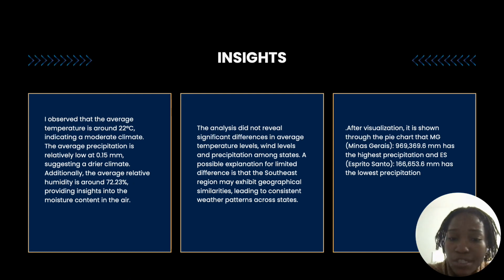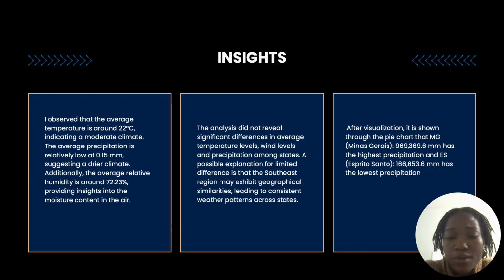A possible explanation could be that there's a limited difference in the different regions in the southeast data set because of geographical similarities, which is expected, especially for a country which is not as big as maybe Canada or any bigger country. The similarities between different states are very close, especially in regards to weather patterns.